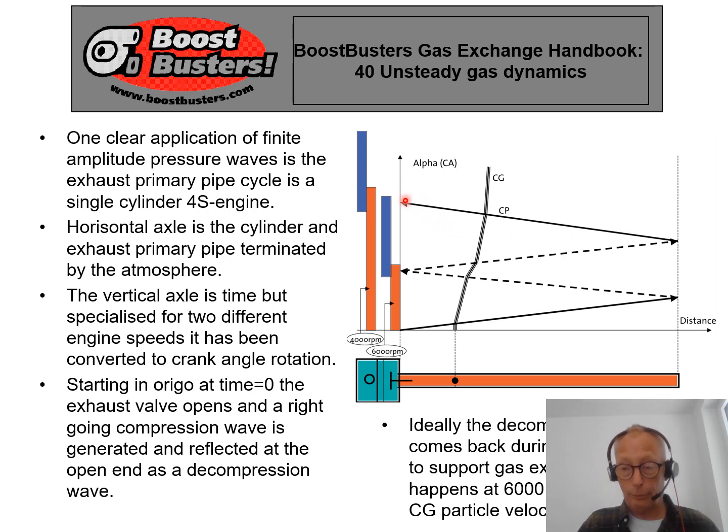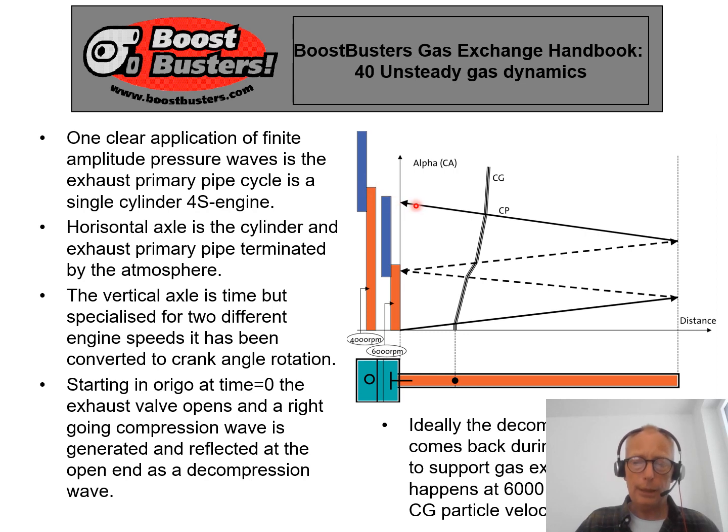When the compression wave, which is always bad news at the exhaust side of a 4-stroke engine, comes when the exhaust valve is already closed, it doesn't harm the engine. But imagine a situation at a lower engine speed where all the valve events take longer time.